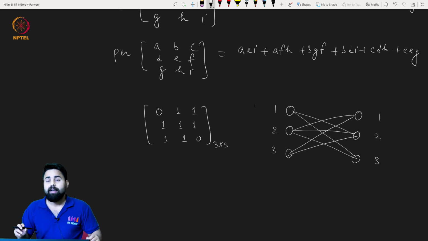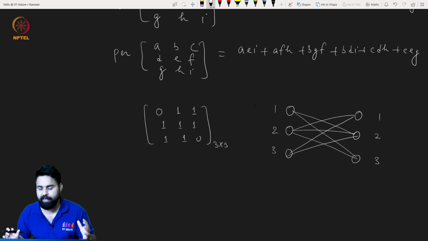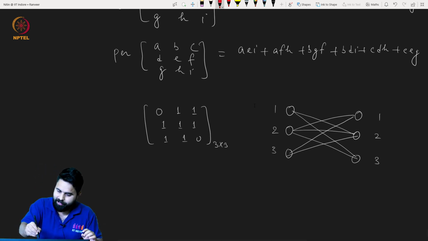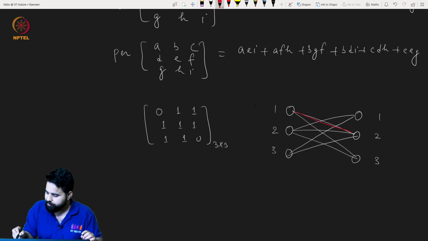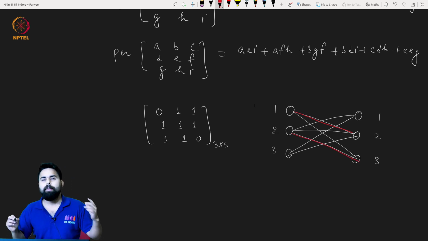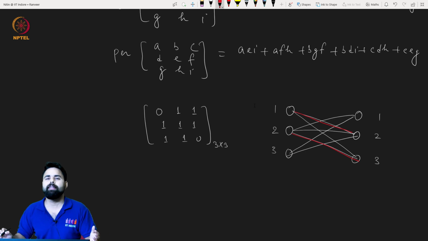Now the question is about something called matchings in a bipartite graph. Matchings are a set of disjoint edges. For example, here. A matching is called a perfect matching when the set covers all the vertices. Is there a perfect matching?